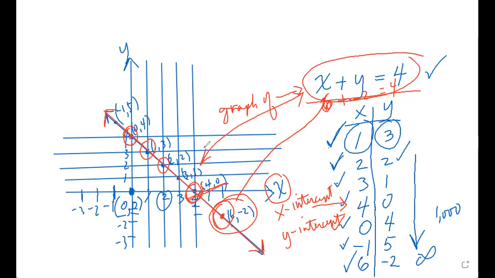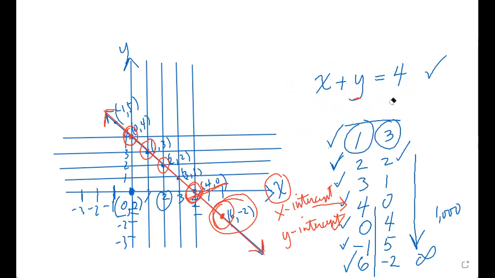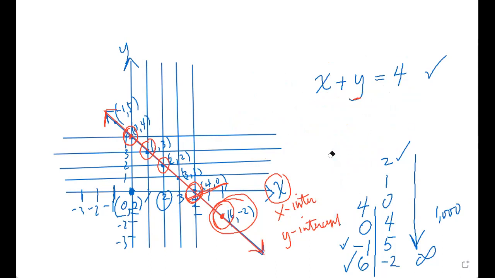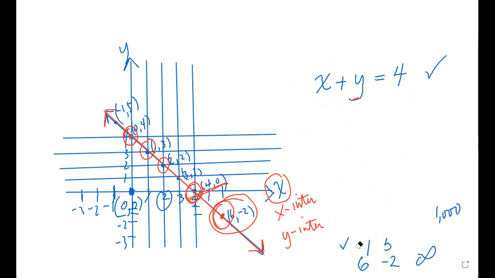Okay, so now let us try another one. Maybe we do 2x plus 3y equals 6.